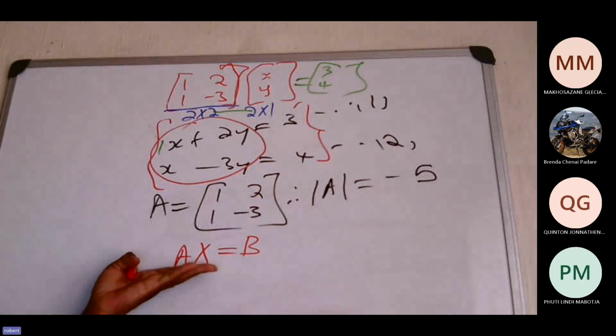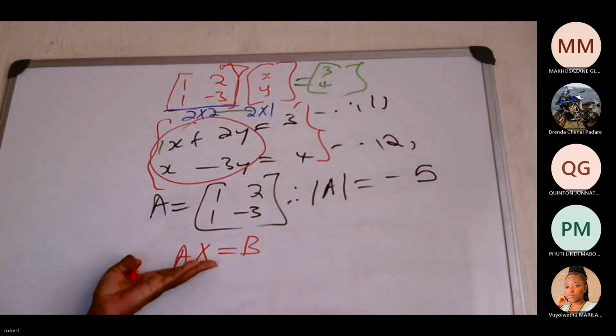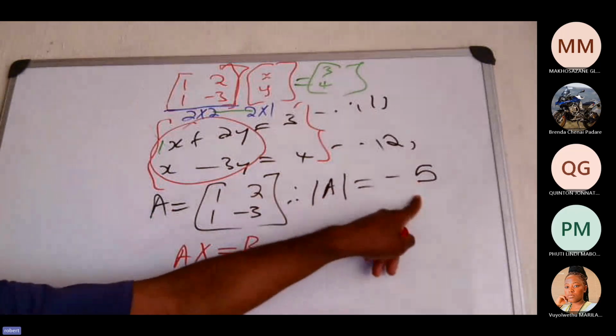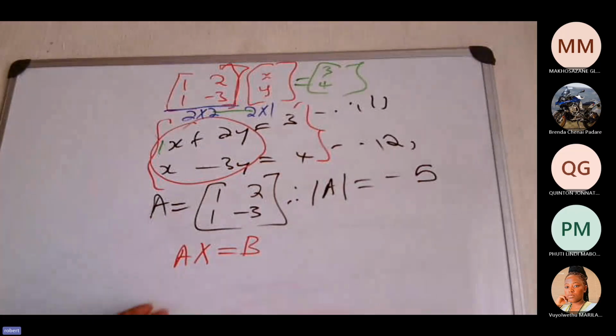And now because we know this product exists, the only thing that we need to check is whether A is non-singular. Yes, it's non-singular, meaning it has got an inverse.